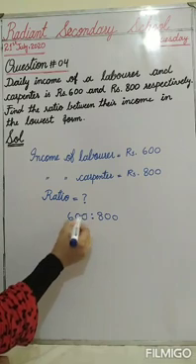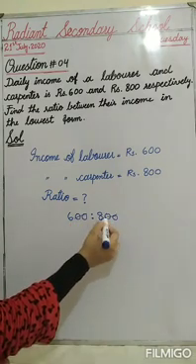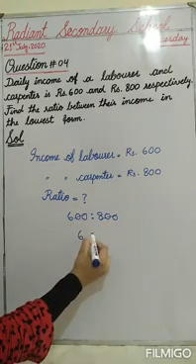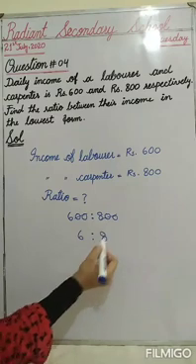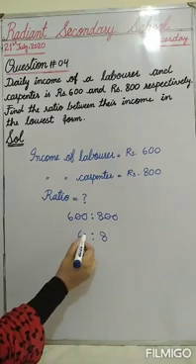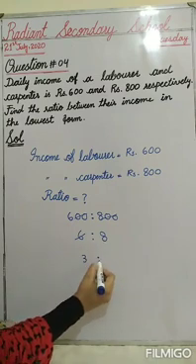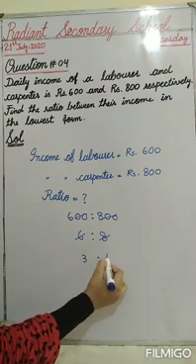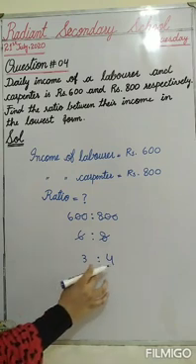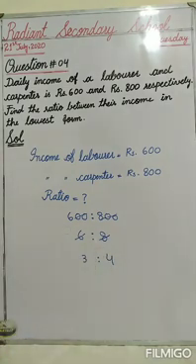Now do the cutting. These two zeros will cancel out. We are left with 6:8. Now 2 3 is 6 and 2 4 is 8. 3:4 is the ratio between their incomes in the lowest form.